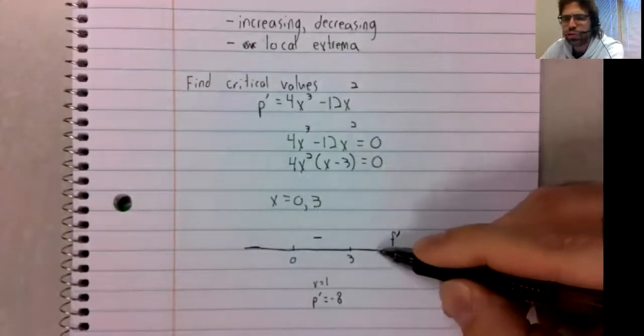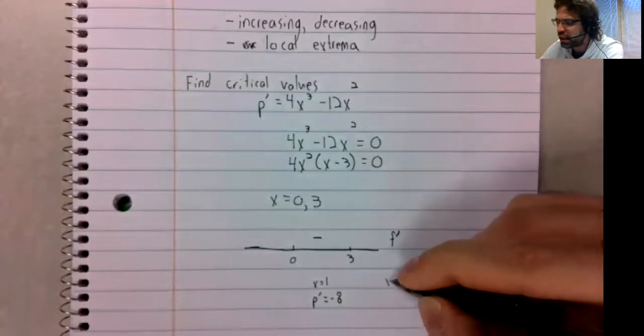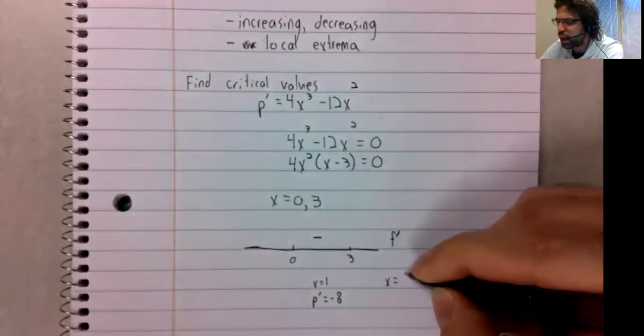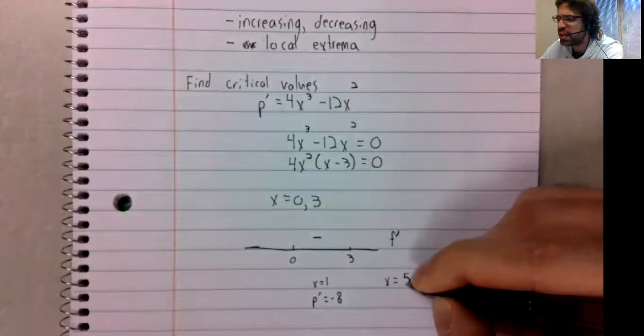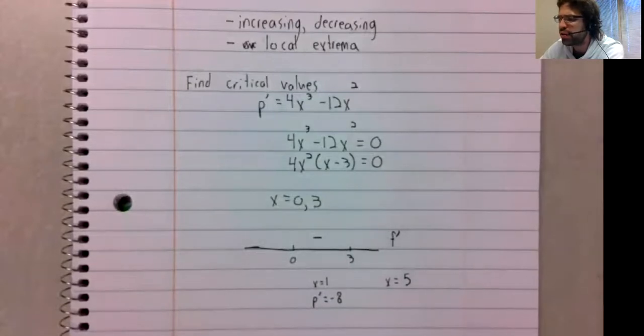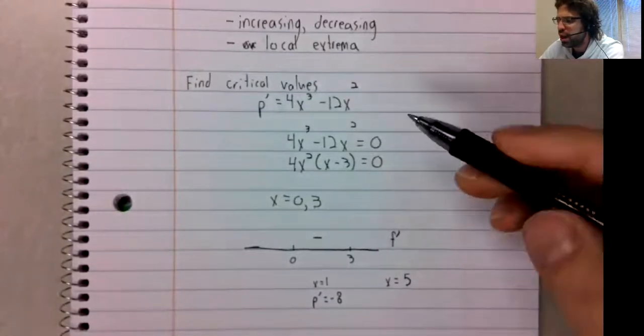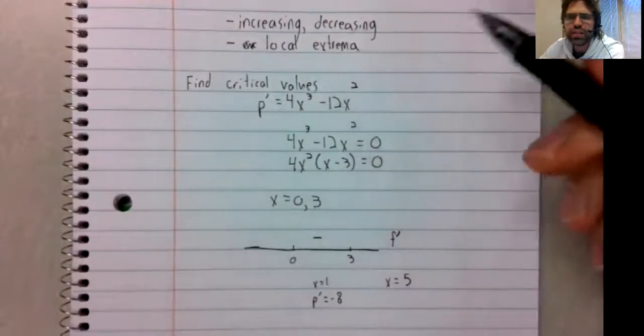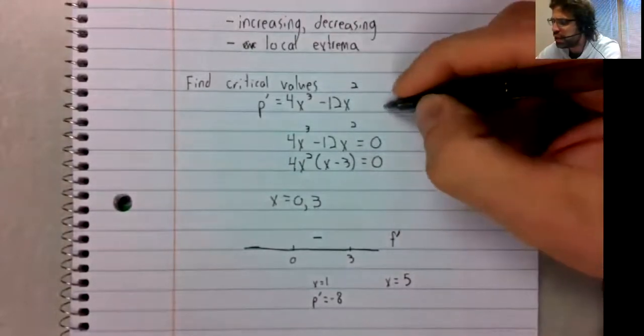Pick a value out here. Again, it doesn't really matter what. Say 5. Stick 5 into the derivative.